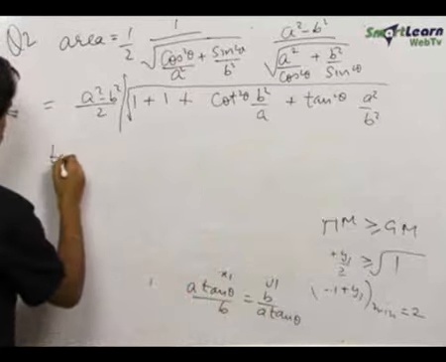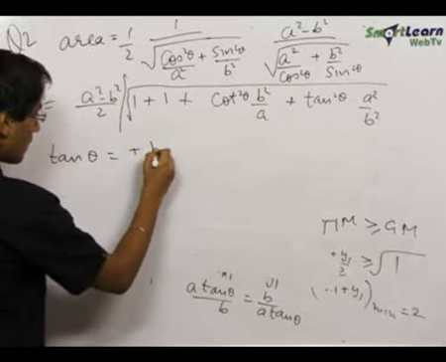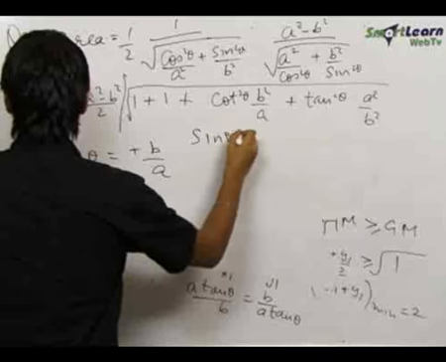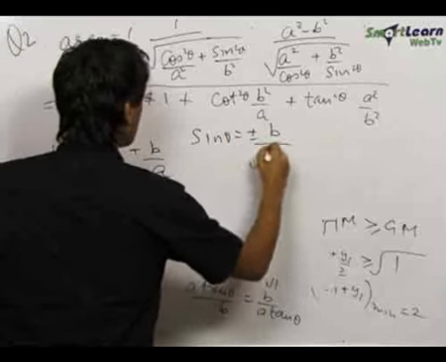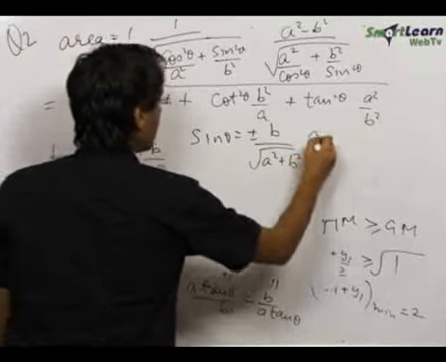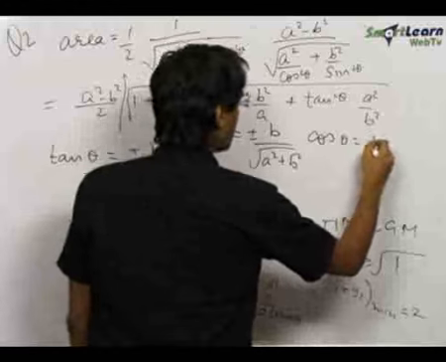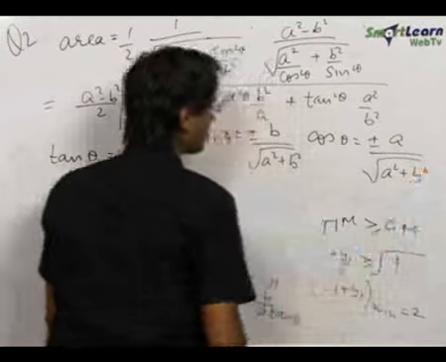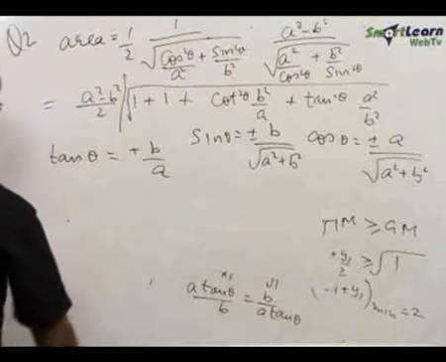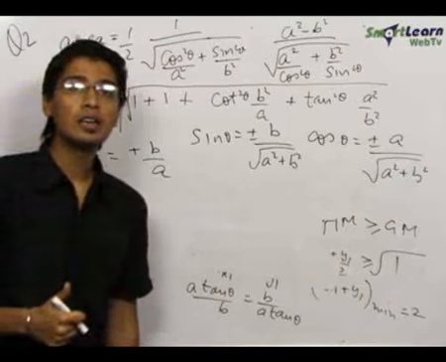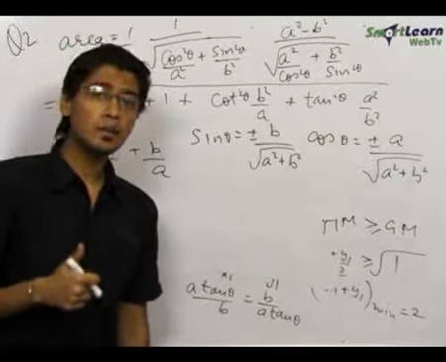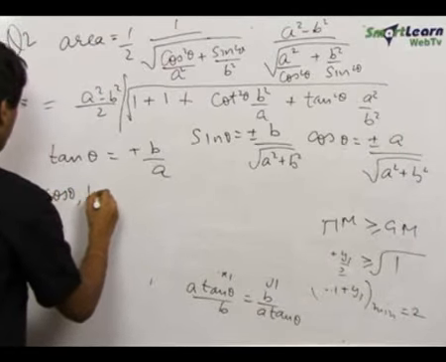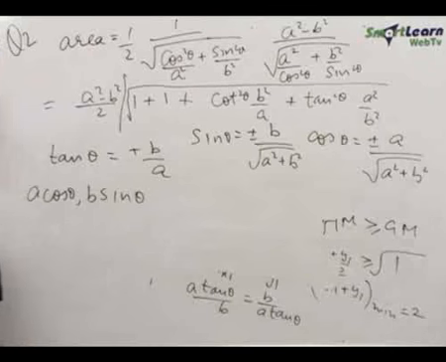This gives tan theta equal to plus minus b upon a, which gives sin theta equal to plus minus b upon under root of a square plus b square, and cos theta equal to plus minus a upon under root of a square plus b square. Hence we wanted to find the point P for which the area of triangle PON is maximum, and our point P was (a cos theta, b sin theta).